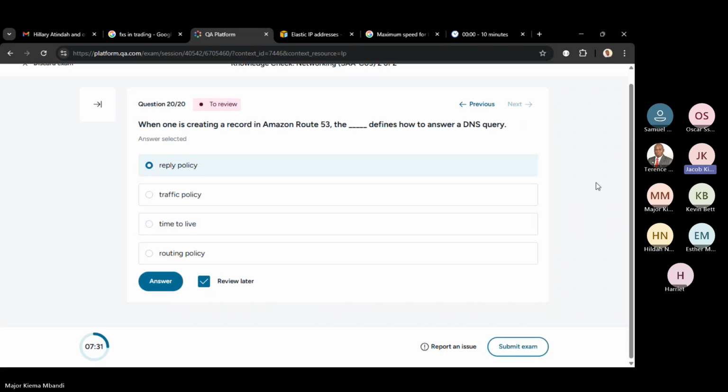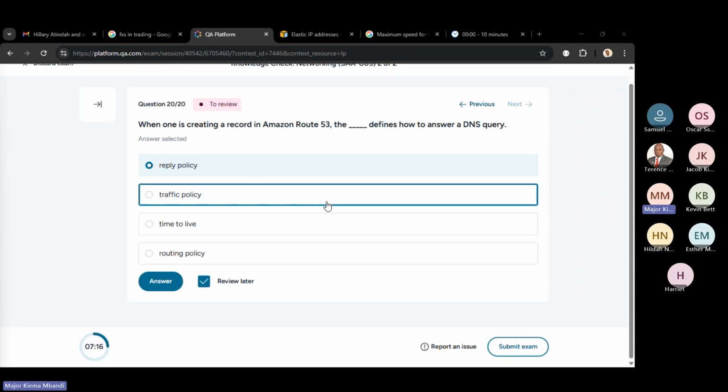Sorry, I was muted. When one is creating a record in Amazon Route 53, the dash defines how to answer a DNS query: reply policy, traffic policy, time to live, that is TTL, and also routing policy.